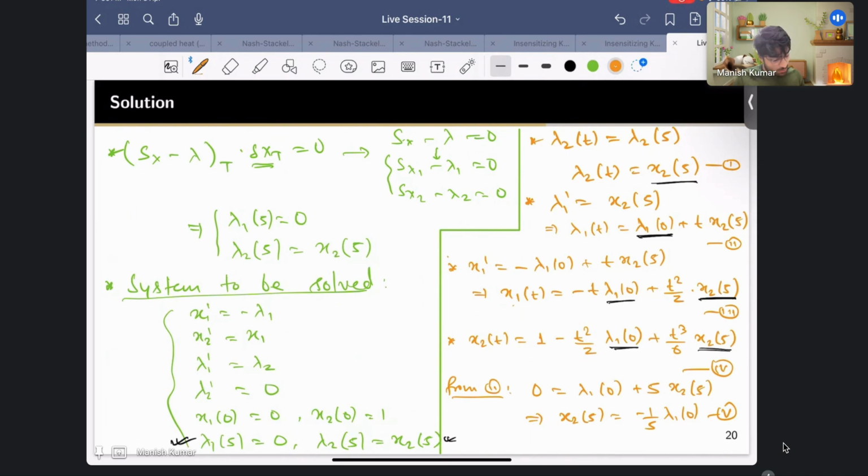Okay, here also. So let us replace x2 at 5. Just a second. So x2 at 5, lambda 1 0, so I've used this one, so use this one. x2 at 5 is this one.